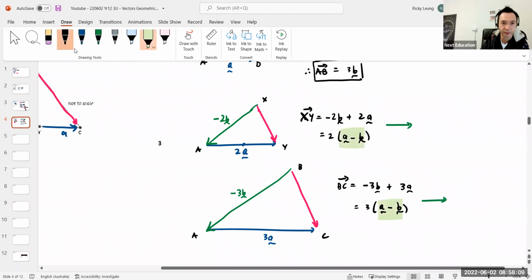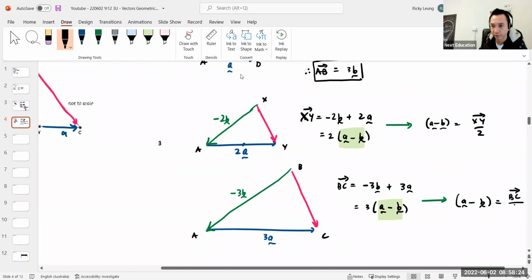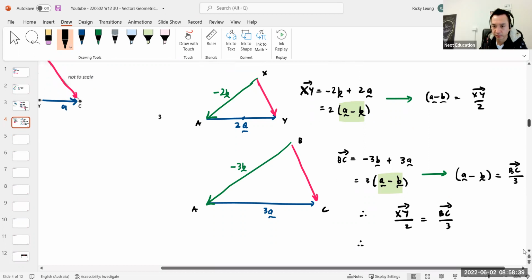Therefore, A minus B equals XY on 2. And A minus B equals BC on 3. Since they're both equal to A minus B, therefore XY on 2 equals BC on 3. Make BC the subject because it's bigger, equals 3 on 2 XY.